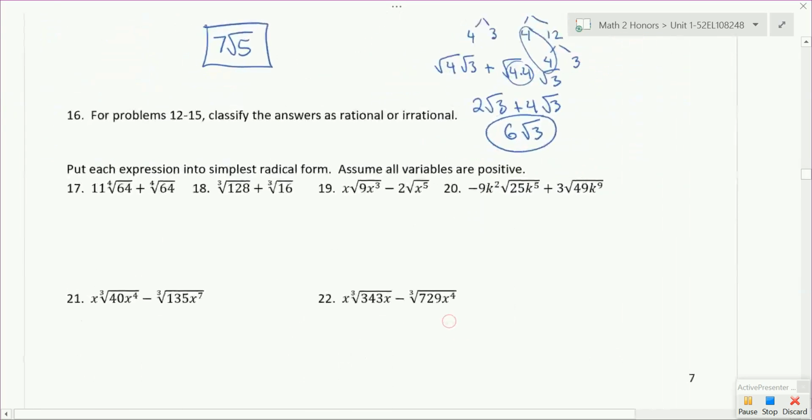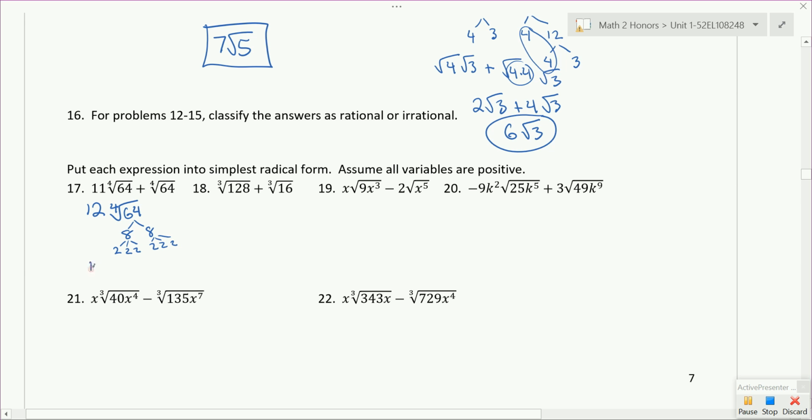Number 17, 11 fourth root 64 plus fourth root 64. That's going to be 12 fourth root of 64. And 64 is 8 times 8. 8 is 2 times 2 times 2. So you end up with 2 to the 6th power.